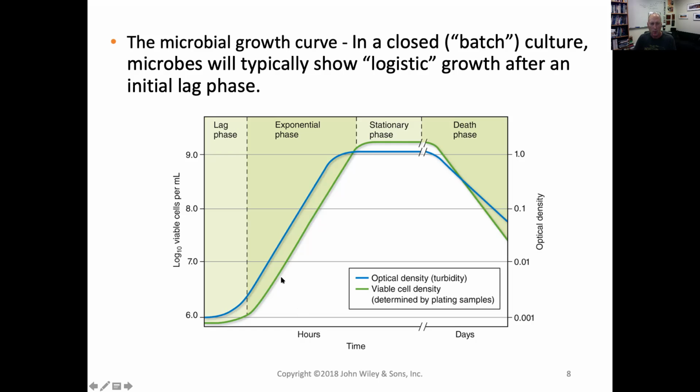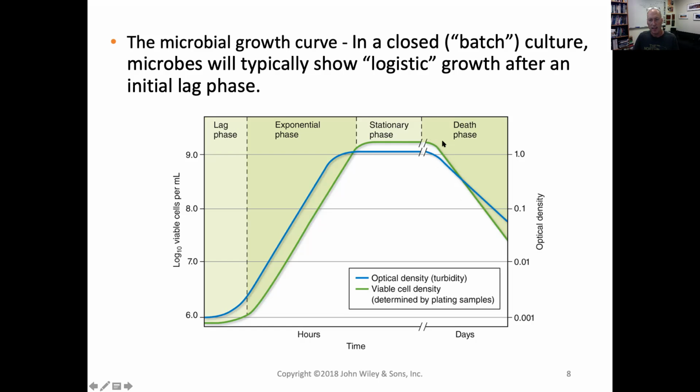Now there are two different curves shown here, because one of them is based on turbidity and one of them is based on viable cell density. Sometimes those don't exactly track, which is why these aren't shown as being exactly equal. And that is basically because in order for them to exactly track, then cells would all have to be the same size and they would all have to be viable, okay?